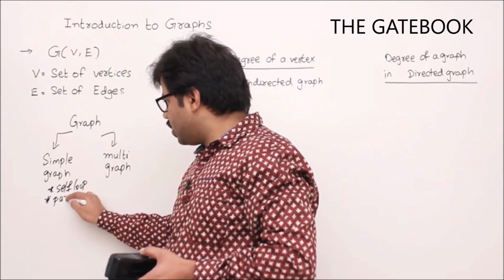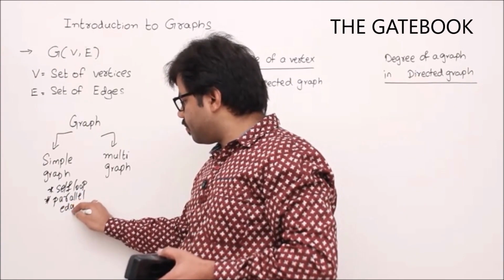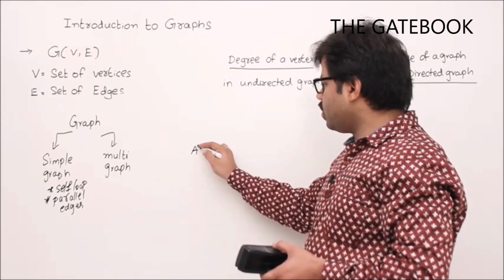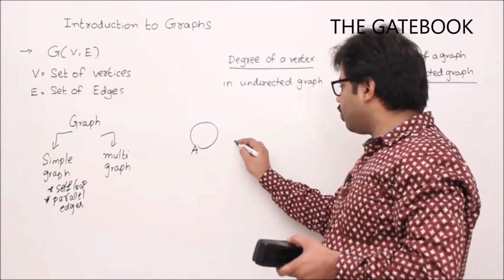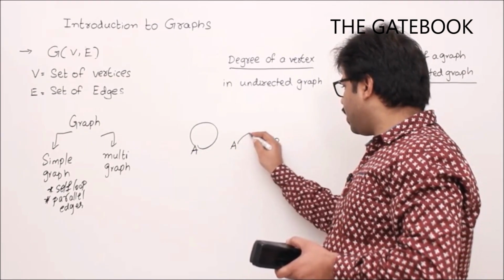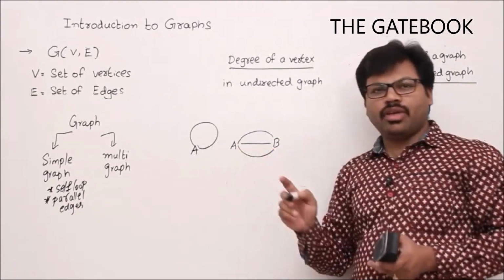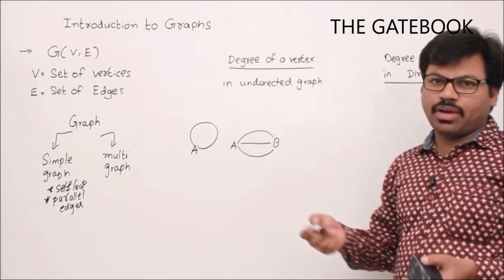Remember that a simple graph cannot contain self loops and parallel edges. A self loop is an edge from A to A, you might know it. A parallel edge is nothing but an edge which is repeated multiple times. Between A comma B, if you have multiple edges, then we say that they are parallel.